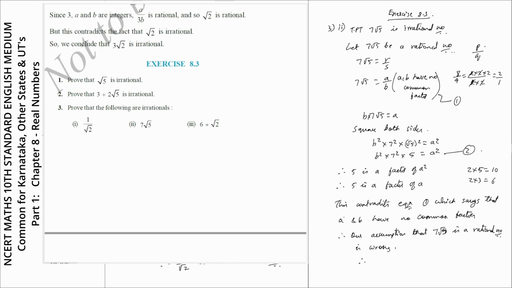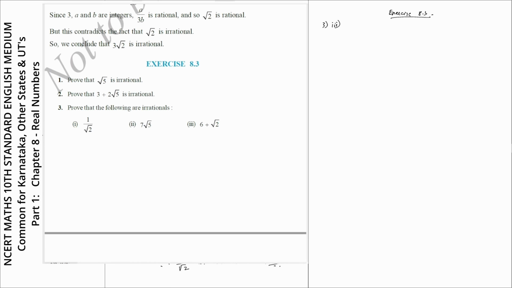That means what is right? That means 7 root 5 is an irrational number. I tried proving that 7 root 5 is a rational number, but I failed. That means 7 root 5 is an irrational number, and that completes the proof.